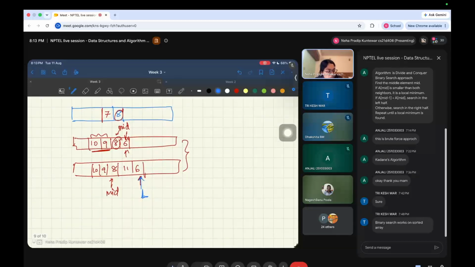And what is remaining is maybe this is what happened. Maybe both the immediate neighbors are smaller. Then what do you do?